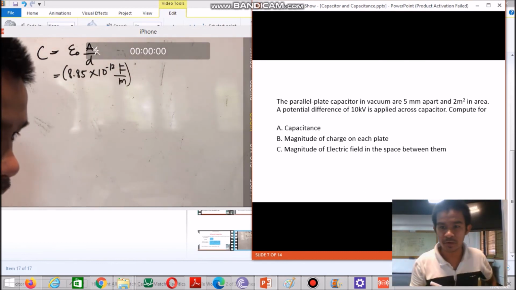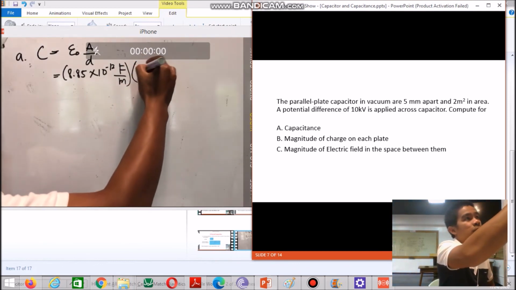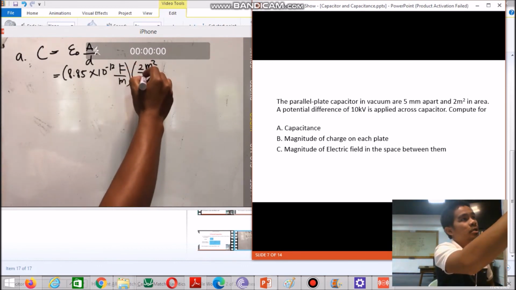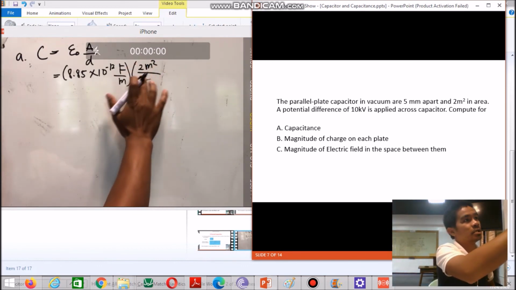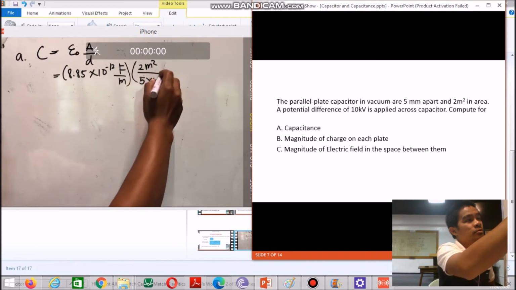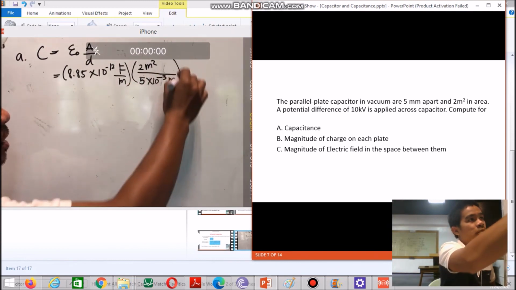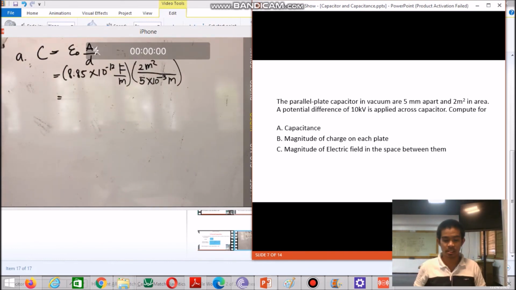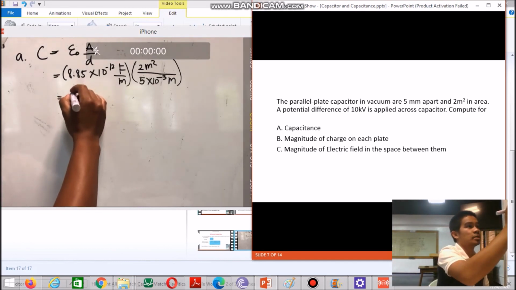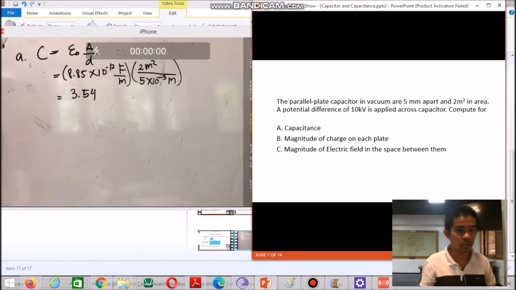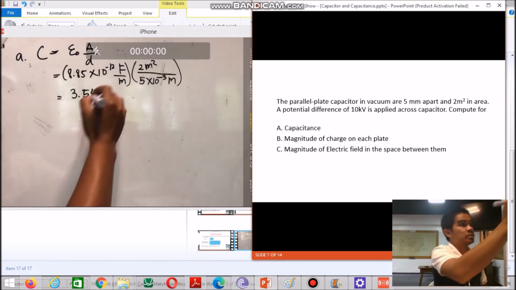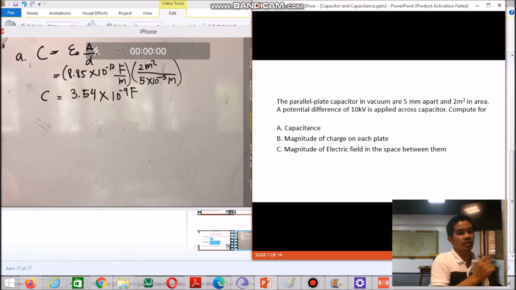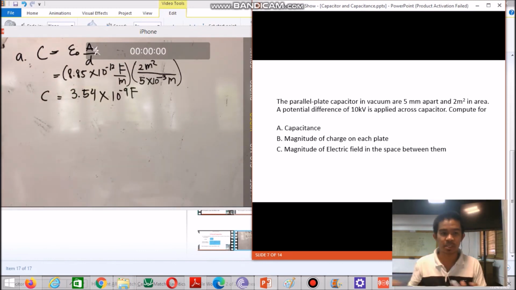The area is given, that's 2 meters squared, over the distance between the two plates in meters. That's 5 millimeters, so 5 times 10 to negative 3 meters. Then we can solve for the capacitance. That is equal to 3.54, I think. You can double check using a calculator. So you have 3.54 times 10 to negative 9 farad. So we have the capacitance.